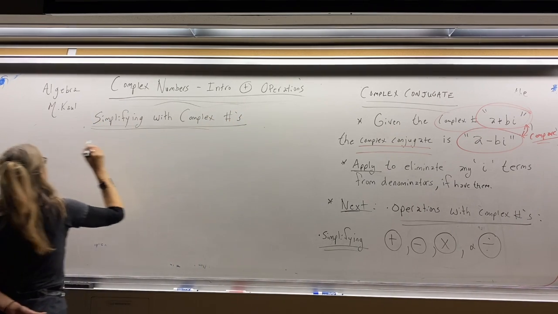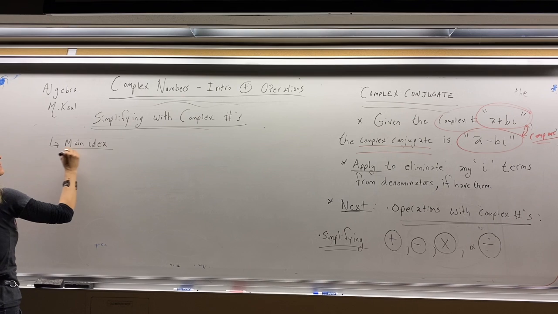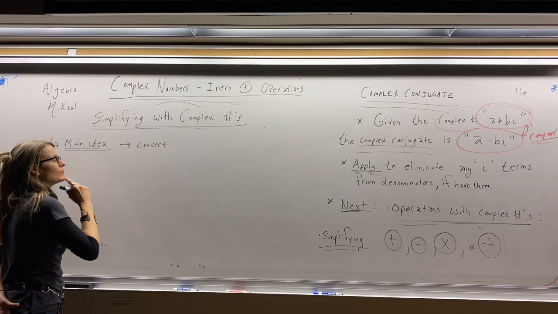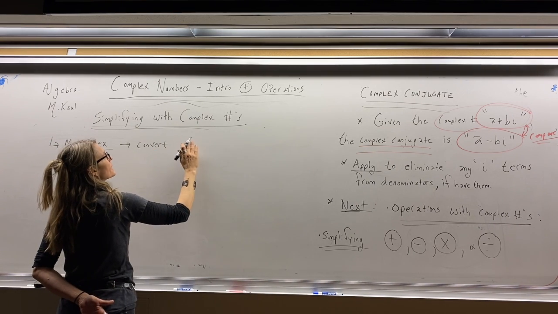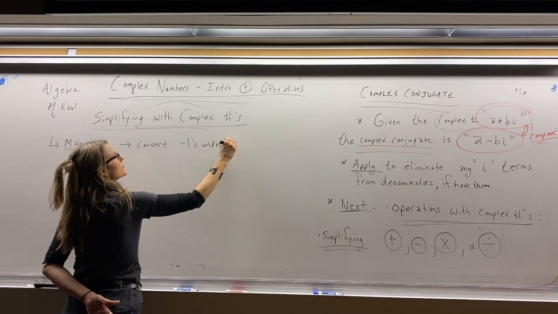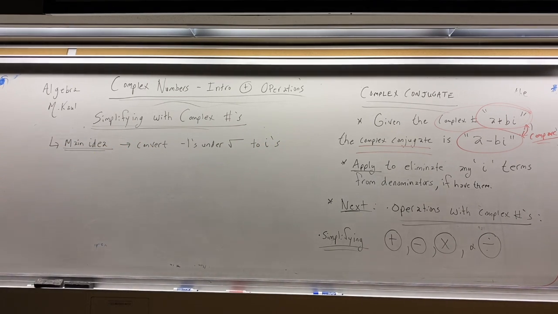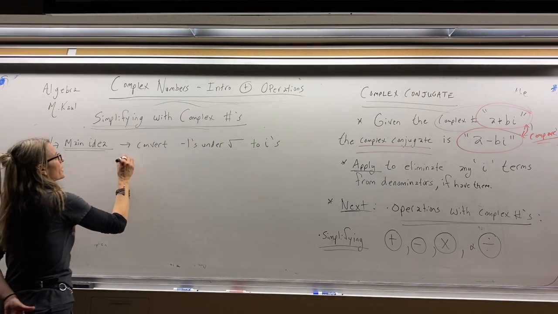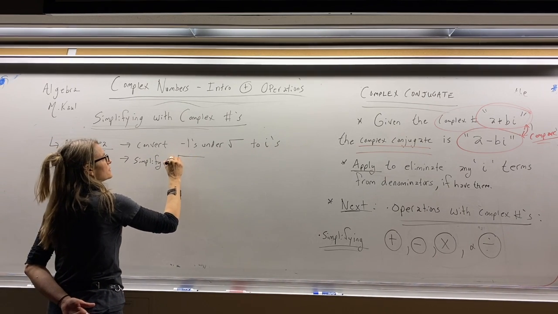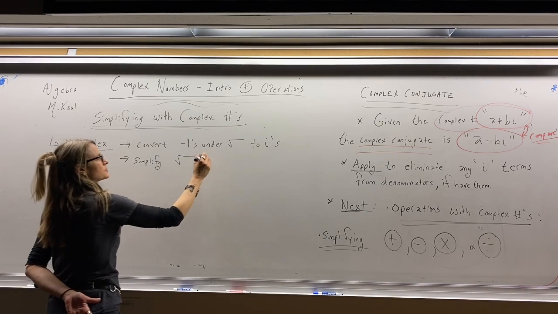The main idea: convert negatives, the square root of -1, to i's. What we're going to do is convert any negatives to i's, simplify the radicals. I'm going to leave out the index number for now. We're going to simplify the radicals.